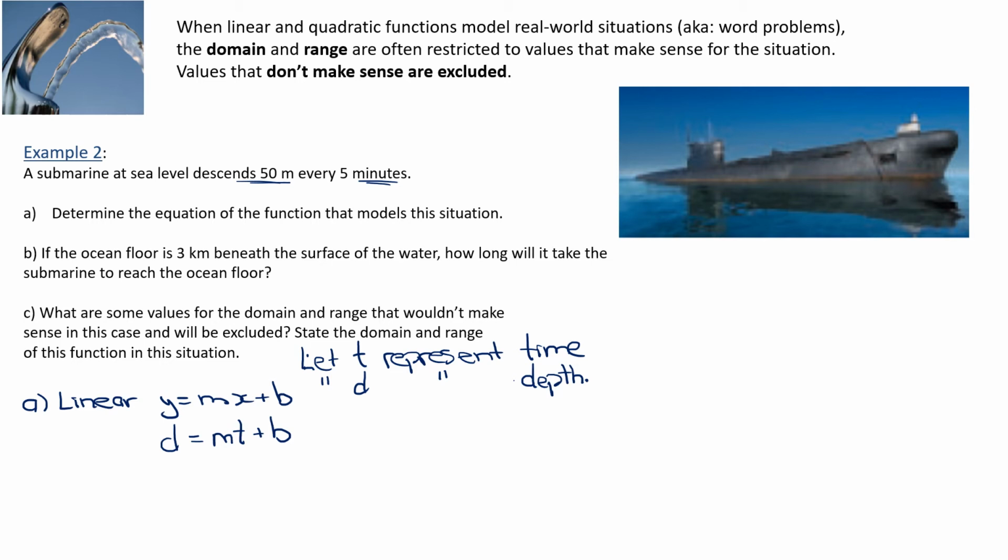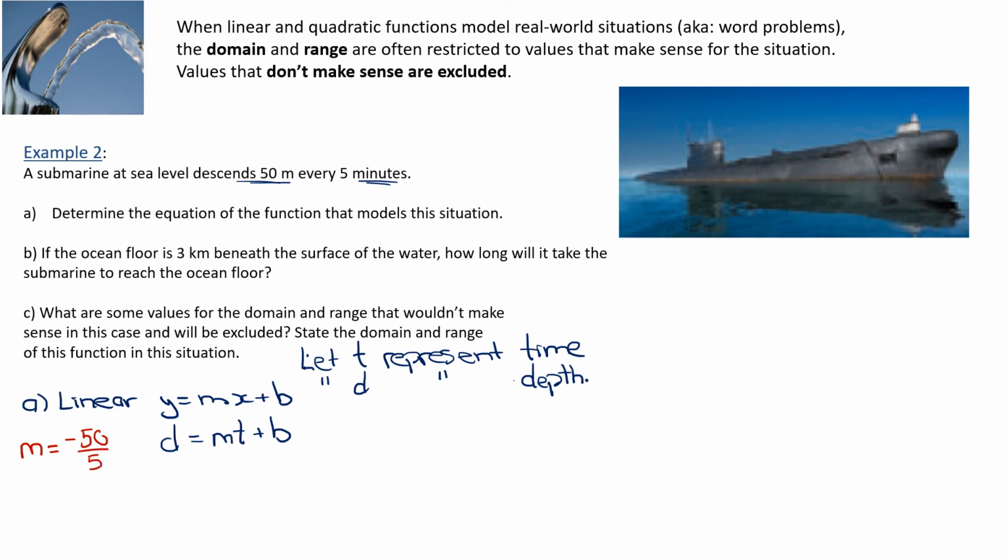Now we need to find m. M is the rate of descent in meters per minute. So our m is equal to, so our rate of descent in meters per minute is 50 meters, but it's a negative because we're descending, right? So 50 meters for 5 minutes.